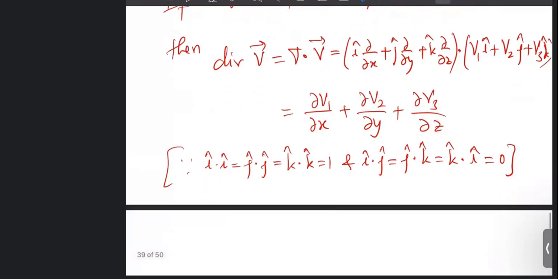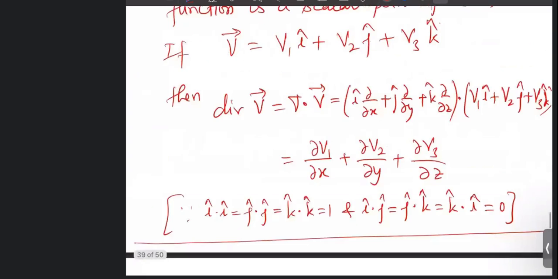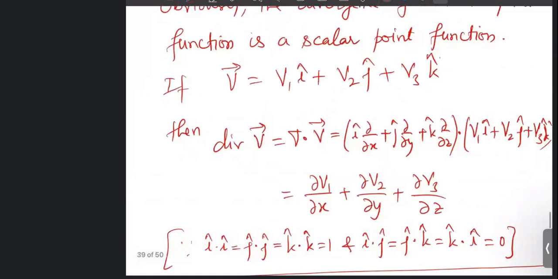Next, in vector product there are two types of product when two vectors are multiplied, one is the dot product and the other is the cross product. If we consider the dot product, that becomes the divergence.